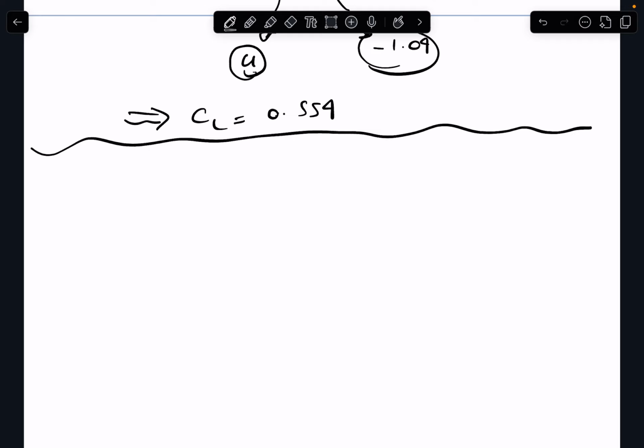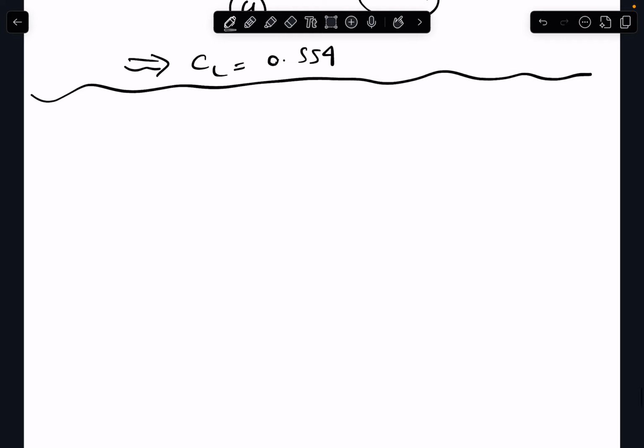Part C of the problem is asking us to find the moment coefficient around the quarter chord. So Cm at c/4. If you look at page 24 of the lecture notes, you're going to see that we have an equation for this as well.